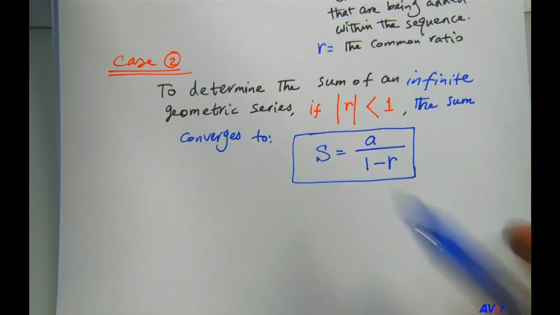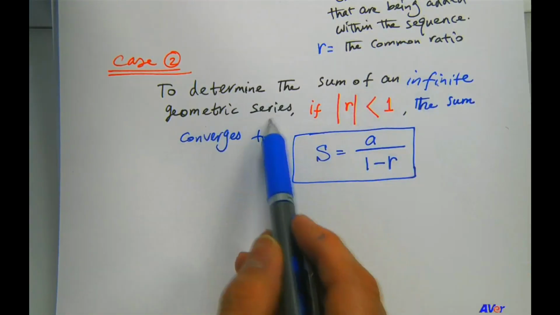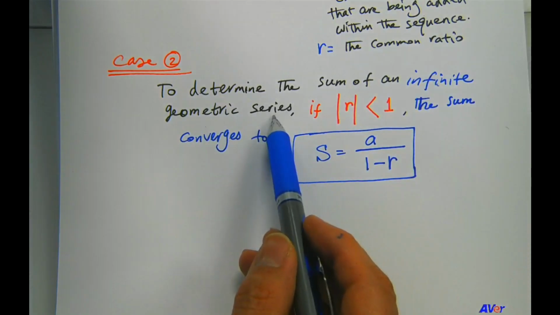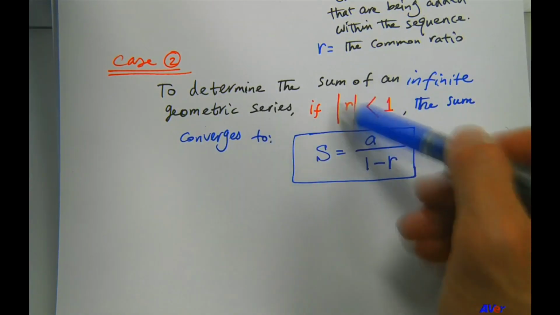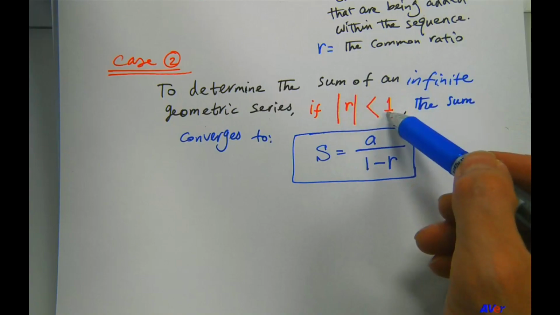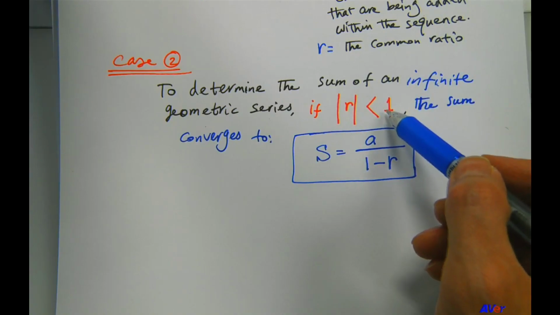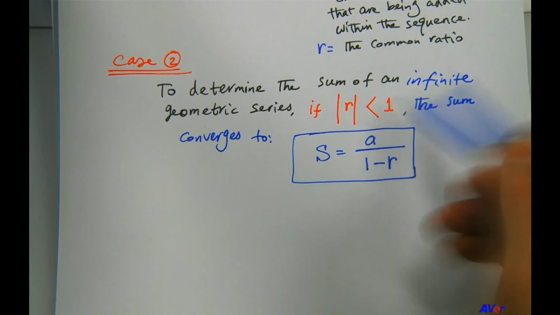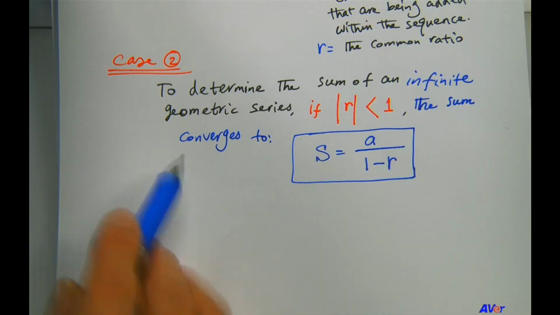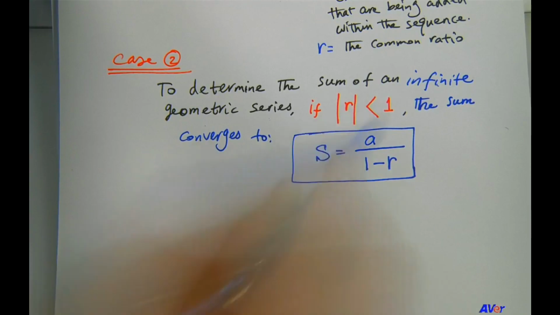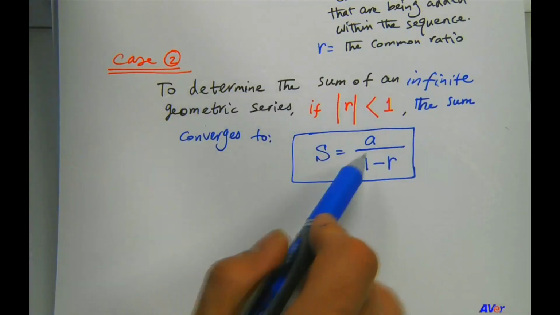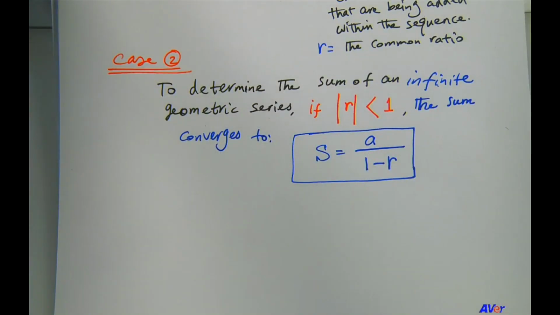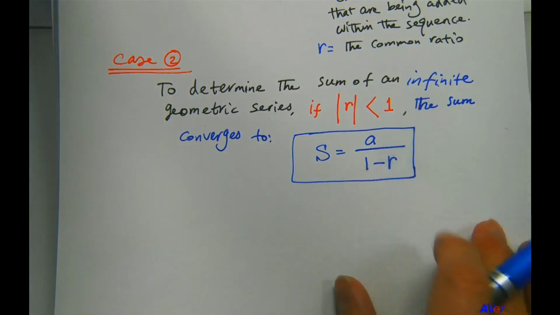So if you have an infinite geometric sequence or series such that the absolute value of the common ratio is less than 1, that means any number between 0 and 1. Okay? Then the sum of all terms, this calculates the sum of all terms in an infinite geometric sequence. You can use this formula.